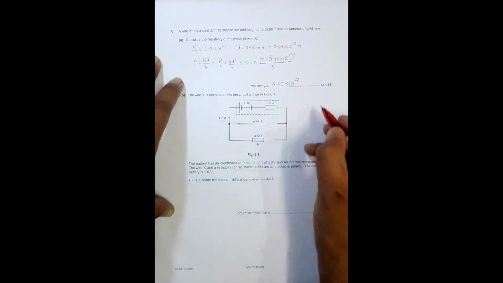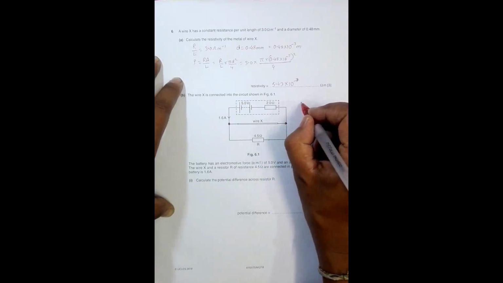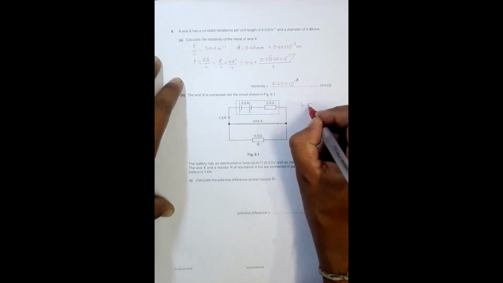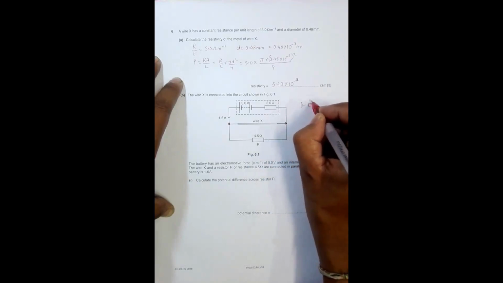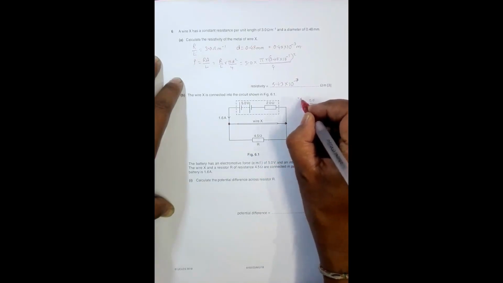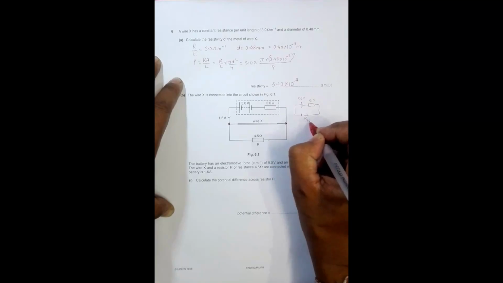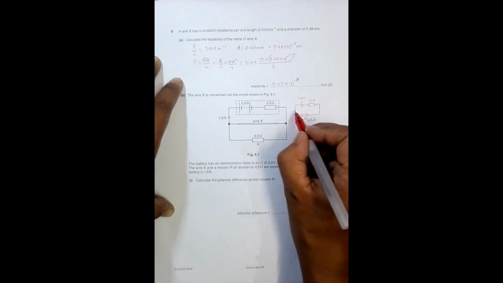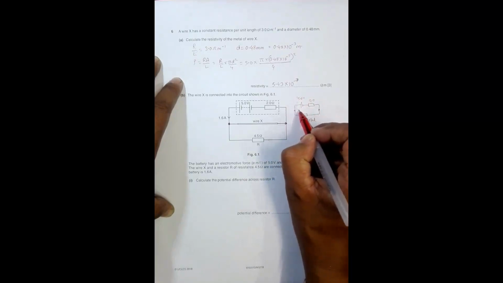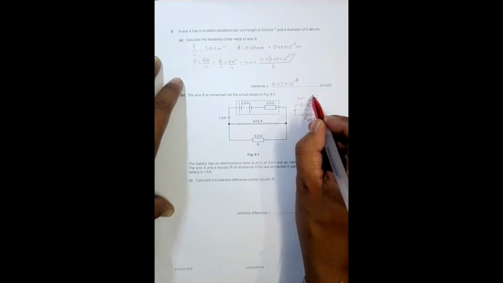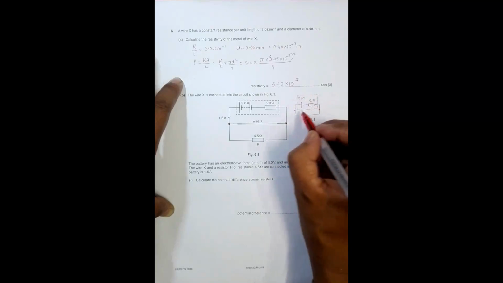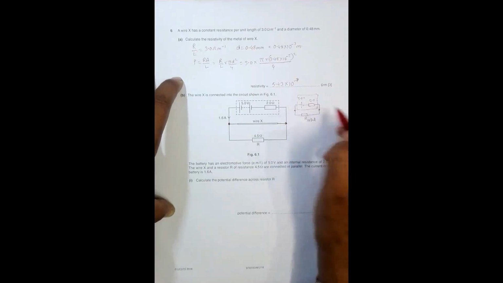So we can consider this thing as a cell here, then we have the resistance here 2.0, this is 5.0 volt, and this is the combined resistor R total, and we have to find the PD here. And this is the whole cell with the internal resistance.